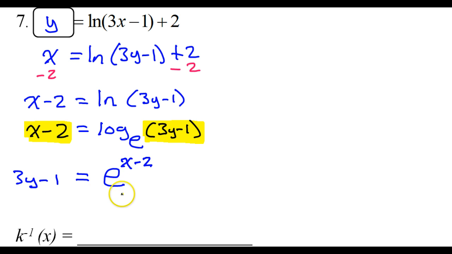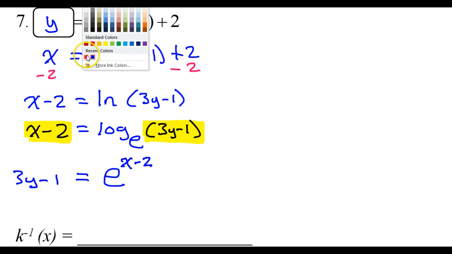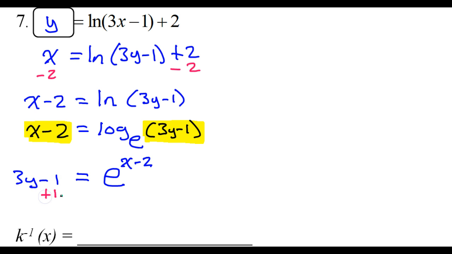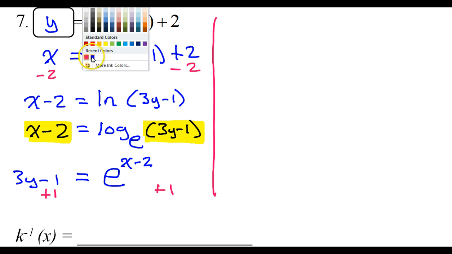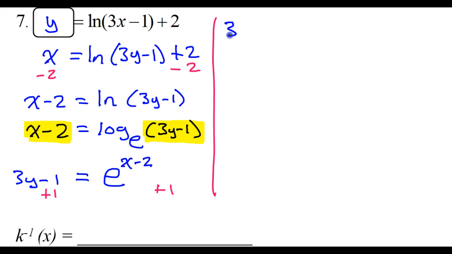So we have this. Now, remember, our two steps were switch x and y, and then solve for y. So we're trying to get y by itself. Here we have two more steps of algebra to do. We're going to add 1 to both sides of the equation. That's going to give me 3y is equal to e to the x minus 2 power plus 1.